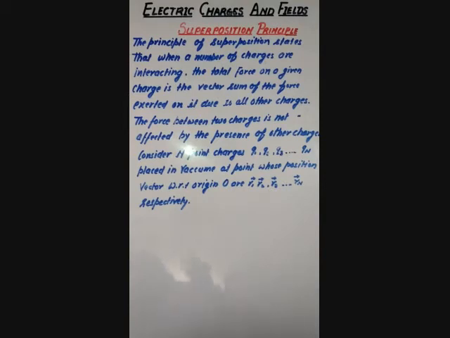In that case, the forces acting on them will be F1, F2, F3, F4, F5 and so on. The force acting on the first charge Q1 will be F1. The force acting on Q1 due to Q2 will be F12. Similarly, the force acting on charge Q1 due to Q3 will be F13.